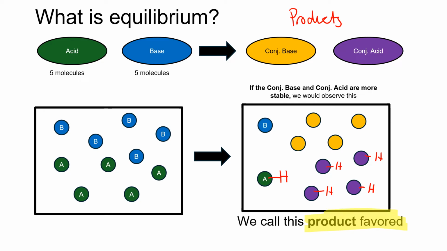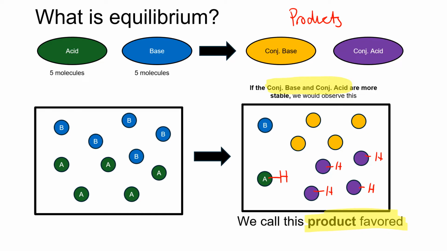At equilibrium, and we'll define what equilibrium means in just a second, we have mostly products formed and just a little bit of our reactants left. This is the case when the conjugate base and conjugate acid together are more stable than the reactant side. So the reason we have so much conjugate base and conjugate acid forming and staying formed is because they're more stable in this case.